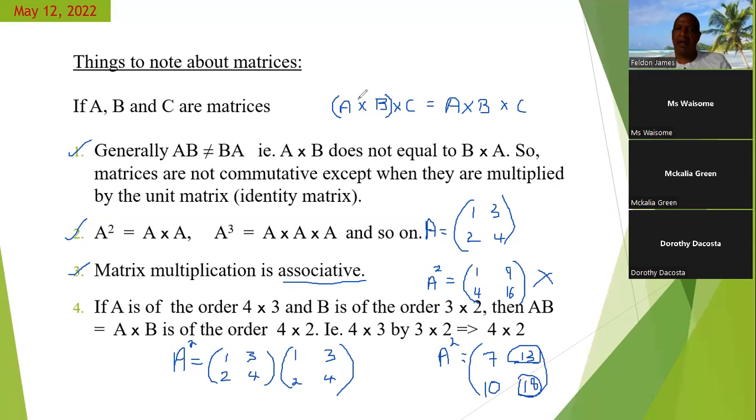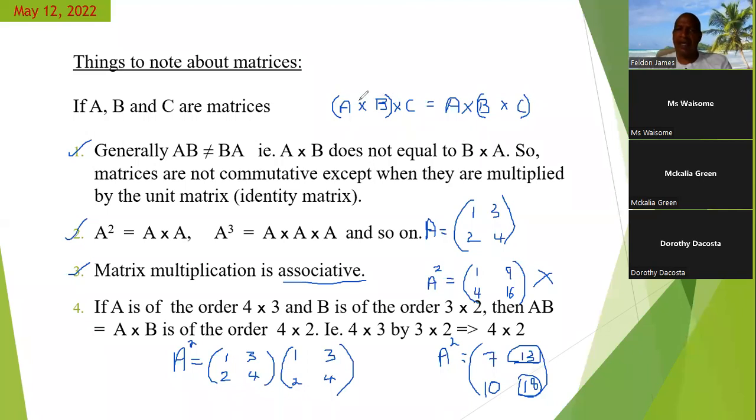So wherever we put the bracket, that's the association that we are making. On the left side, we associate A and B by putting them in brackets. And on the right side, we associate B and C by putting them in brackets. So the associative law states that it doesn't matter how you group in brackets when you're multiplying, the answer will be the same.